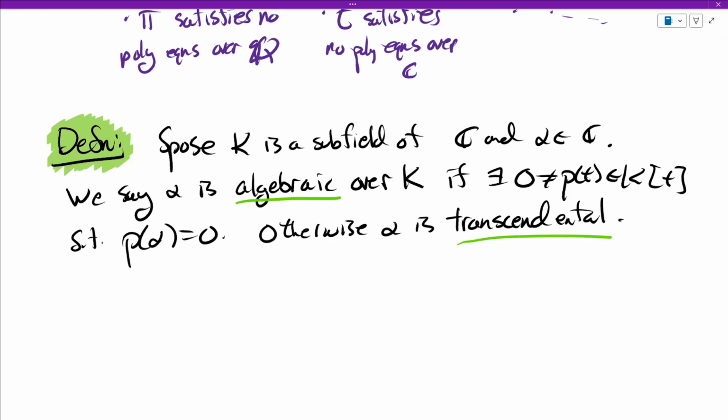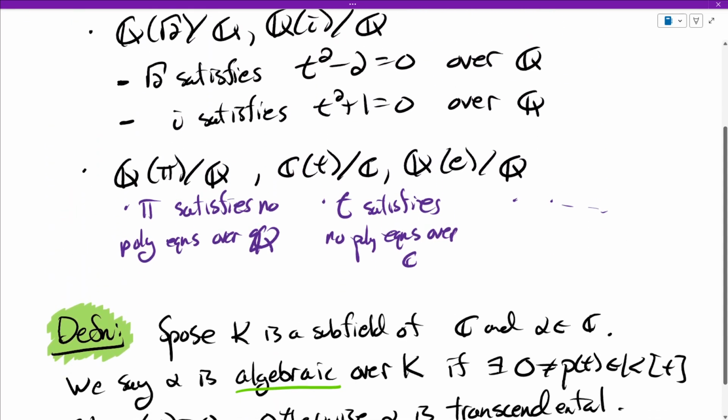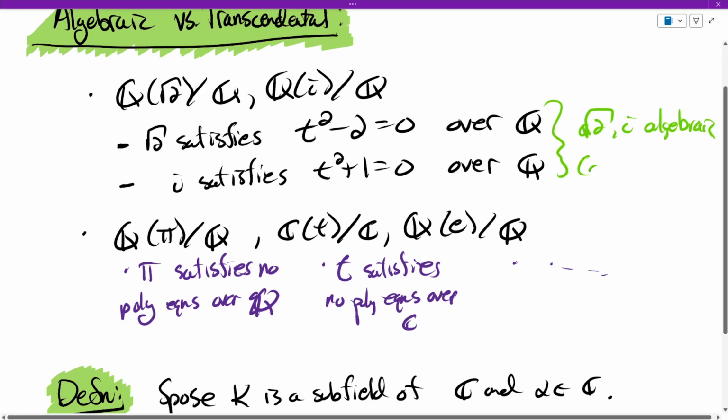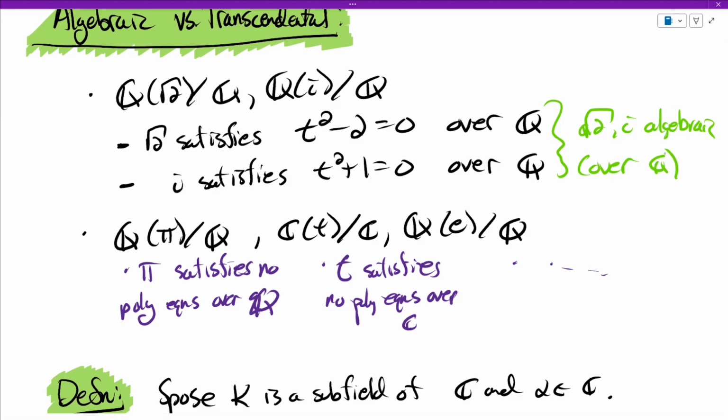If we go back up to our introductory example, these are algebraic over Q. So root 2 and i are algebraic. When Q is the base field, we just say algebraic, so we don't have to say over Q. It's only when we've changed the base field to something else that we say algebraic over whatever the other thing is. And pi, t, and e are all transcendental over Q.